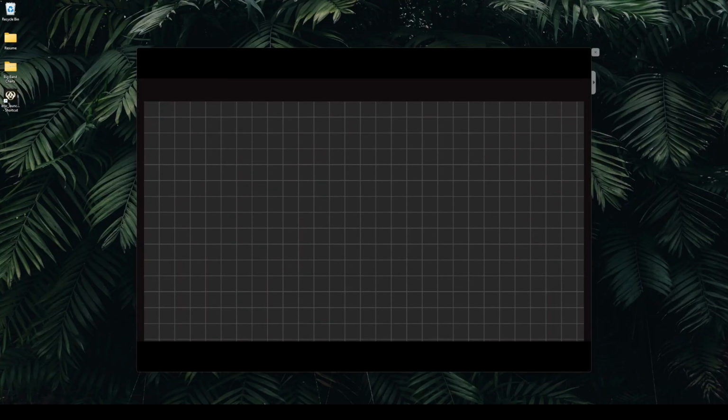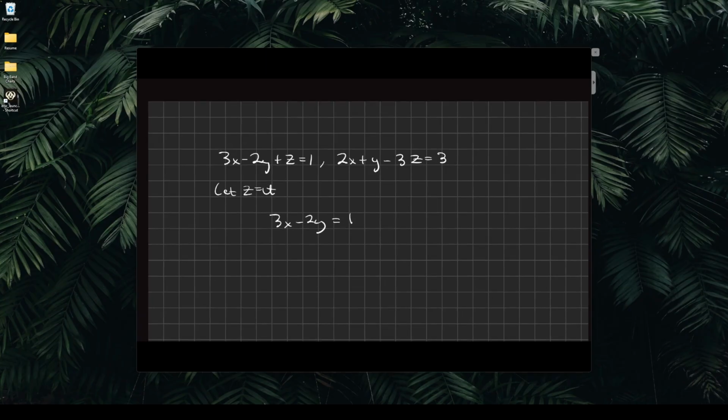We then have, and this is still part of problem 27. So we have 3x minus 2y plus z equals 1, and then we have 2x plus y minus 3z equals 3. So let's let z be t, similar to how we did in the last problem. And so we'll solve the following. We'll solve 3x minus 2y equals 1 minus t.